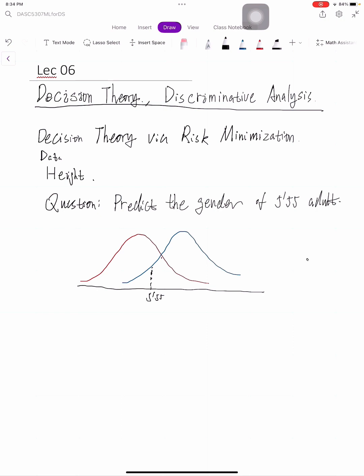So for this case, we don't have a perfectly linearly separable case. For a person with height 5 feet 5 inches, it's hard to say if it's a man or woman. Maybe it's more reliable to say it is a man with higher probability or it is a female with higher probability.